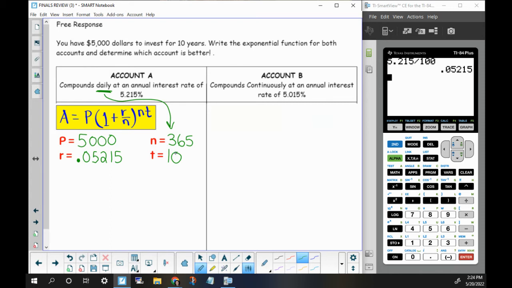Okay, so we need to plug this in, but let's rewrite it so we know that it all looks good before we do that. So our P, we have 5,000.